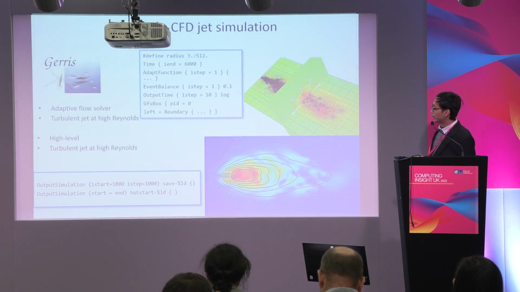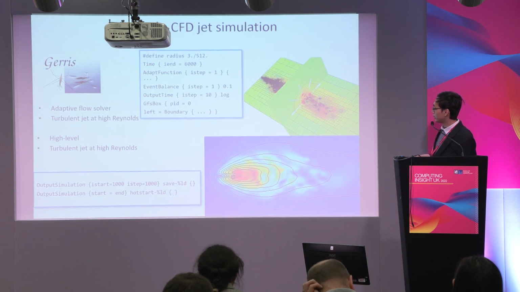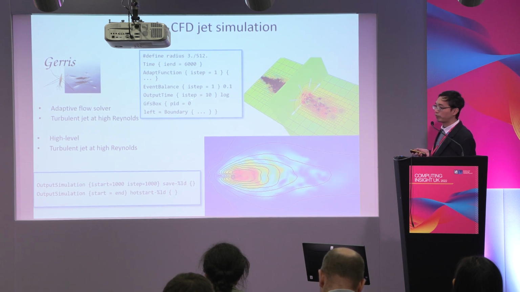Another case I would like to show is a three-dimensional fluid solver, which can solve turbulence from a high-speed jet. This is a package called Jeris, which is written in C, and it allows us to provide a very descriptive input here.